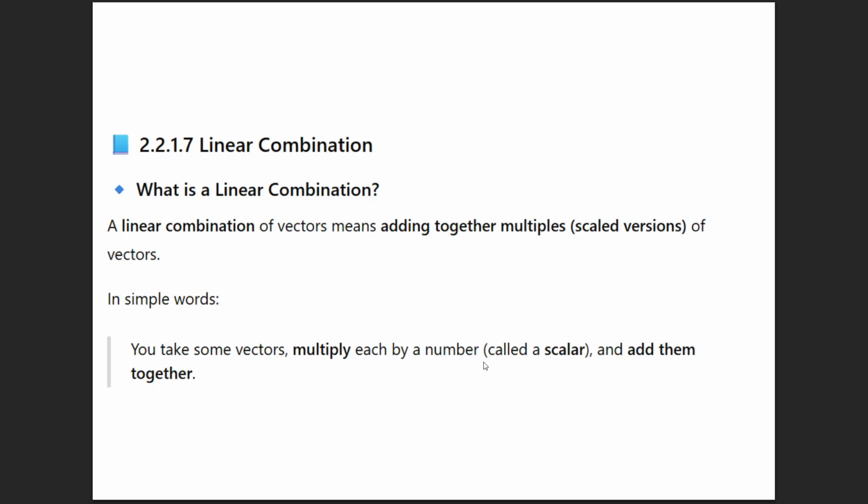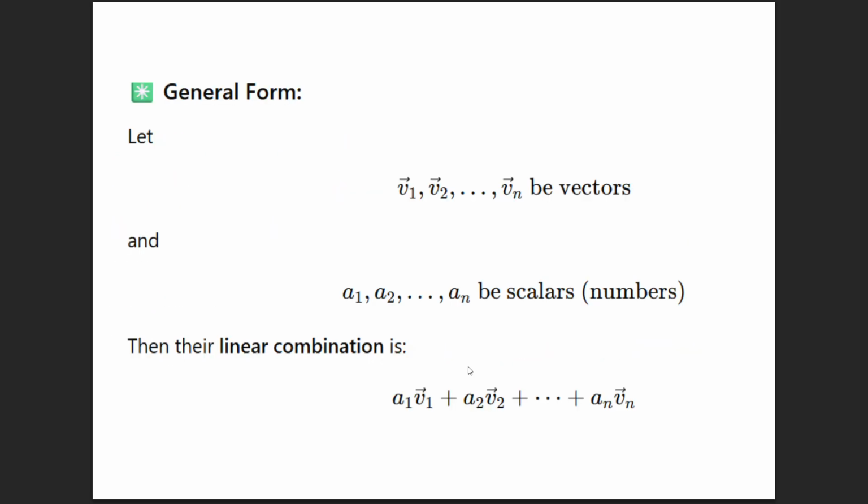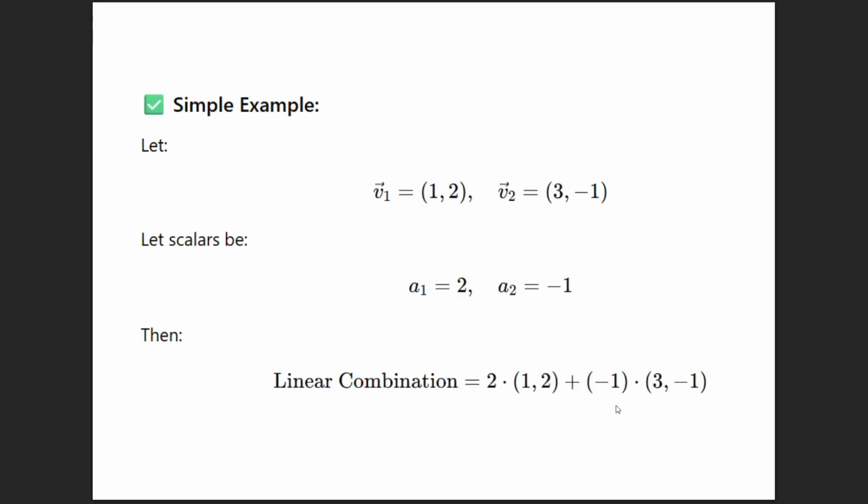That is what happens in a linear combination. For vectors it looks like this, and for scalars, that is numbers, it looks like this. Combining both, the final form is a1 v1 plus a2 v2 plus and so on up to an vn.